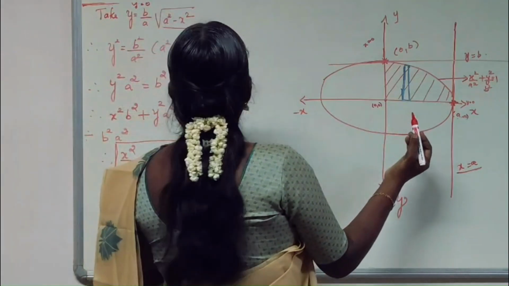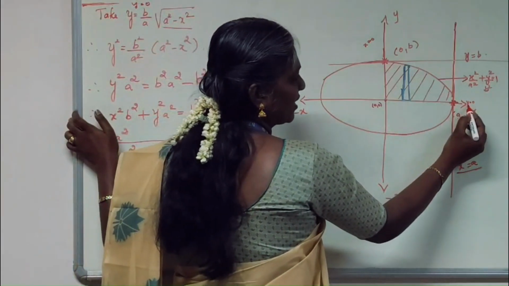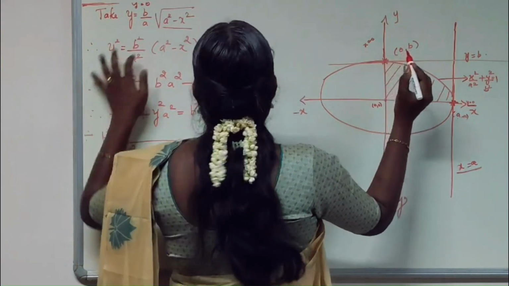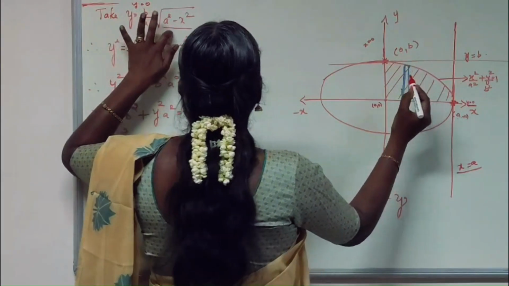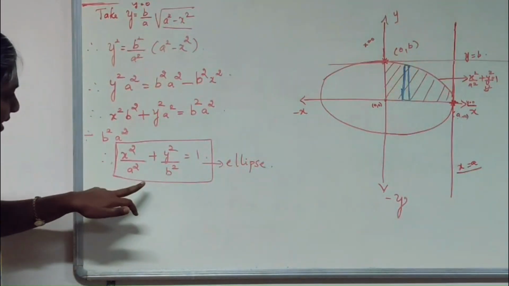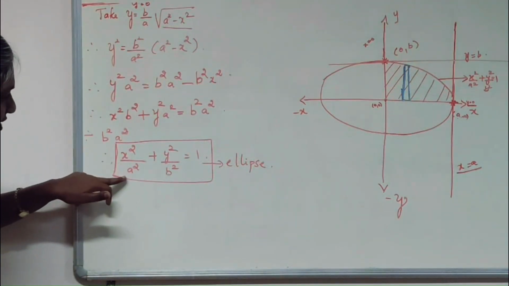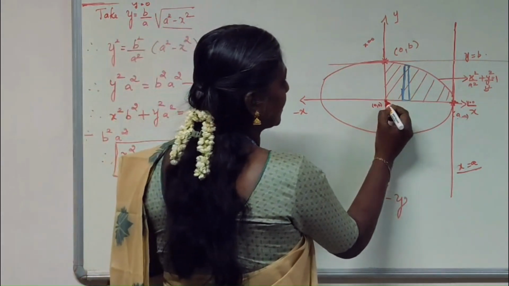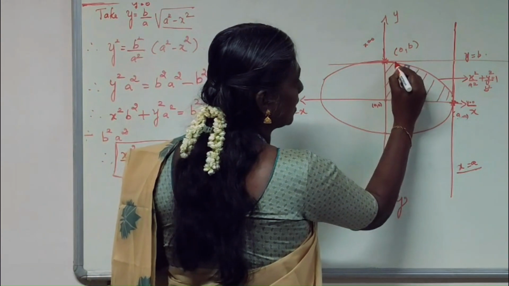I already mentioned y equal to 0, so 0 to b by a root of a squared minus x squared. That is the ellipse, x squared by a squared plus y squared by b squared equals 1. That is this curve.